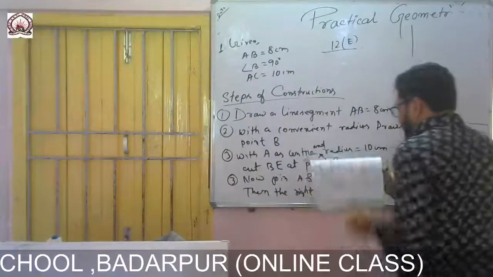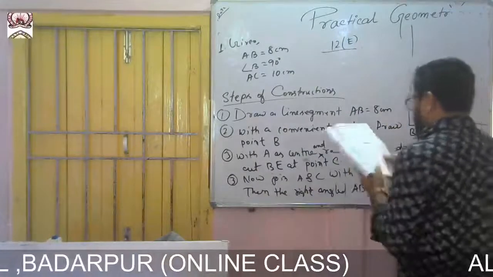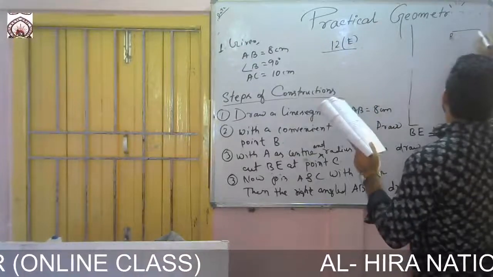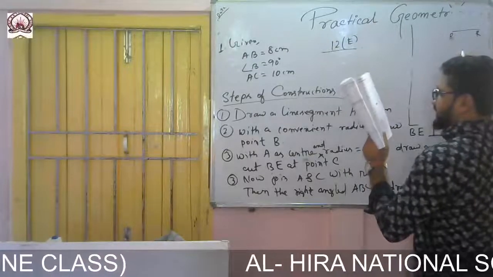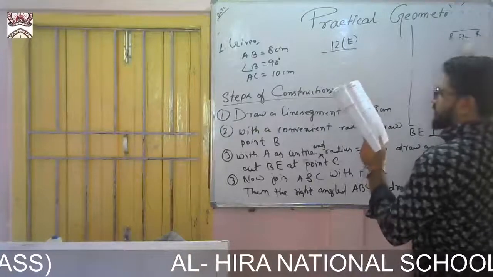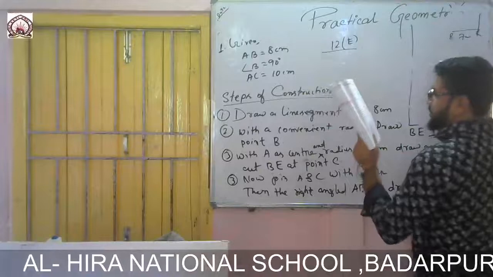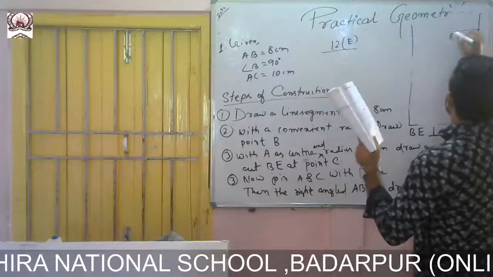If I draw a rough sketch, then PR is 7 centimeter, and at R I shall draw 90 degree. Then PQ will be 10 centimeter.